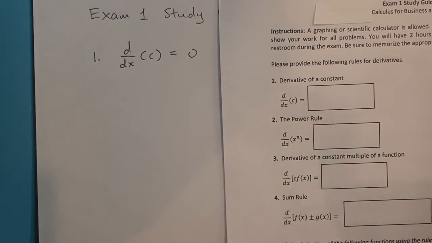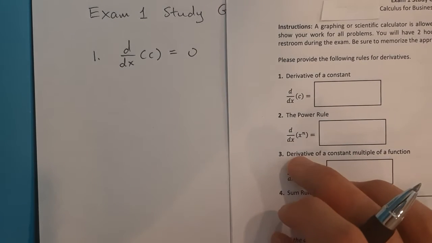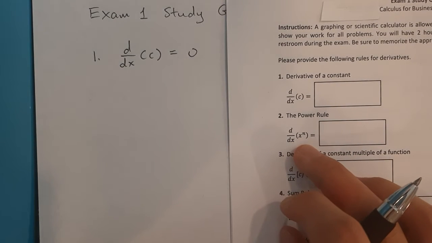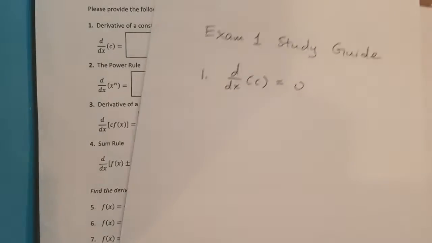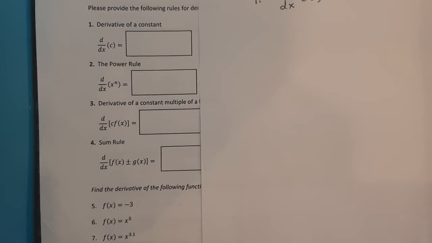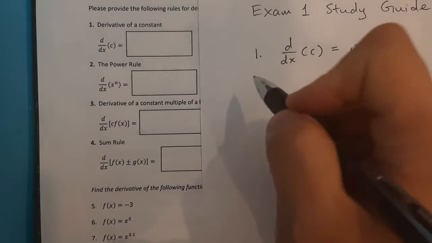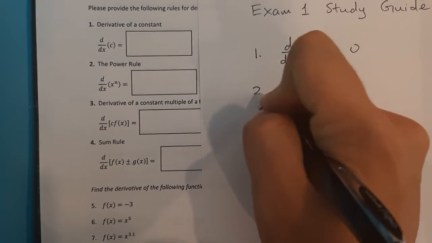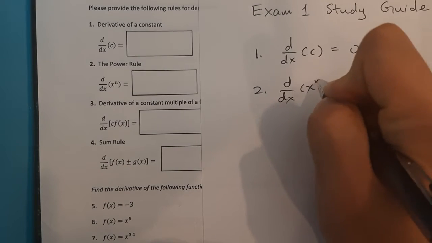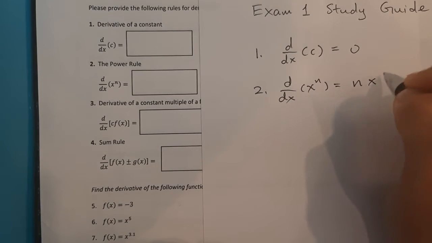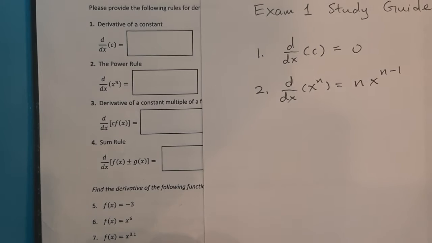So for the next question, the power rule, here we have d dx of x to the n. Right here we got question 2. For the power rule, d dx of x to the n, that's equal to n x to the power n minus 1.